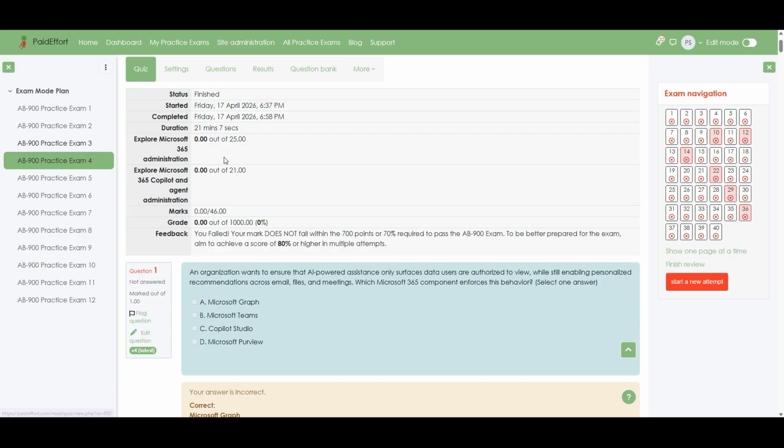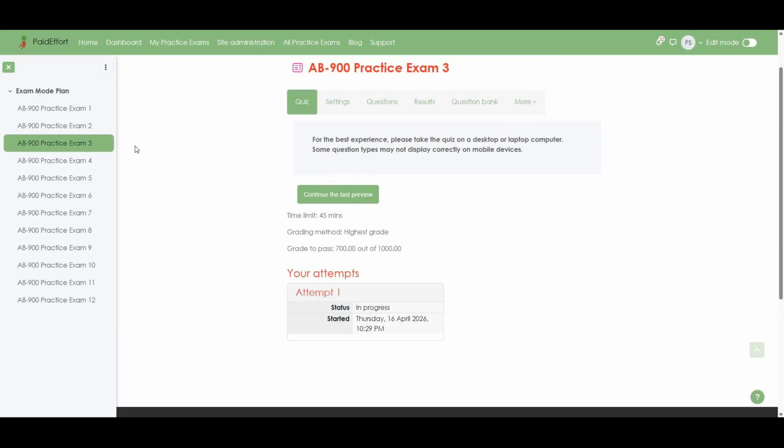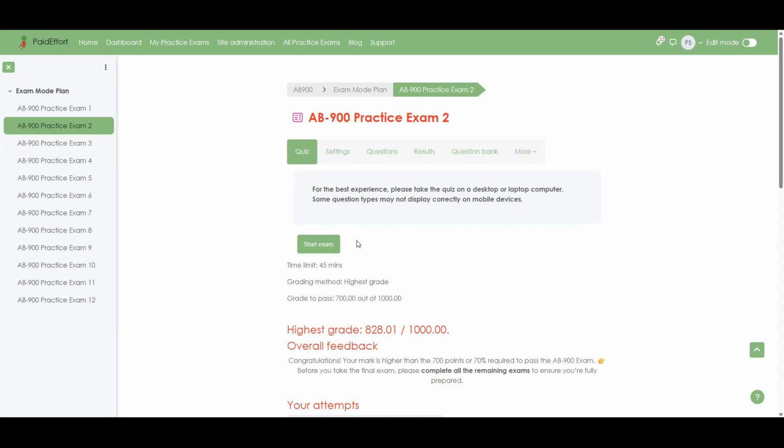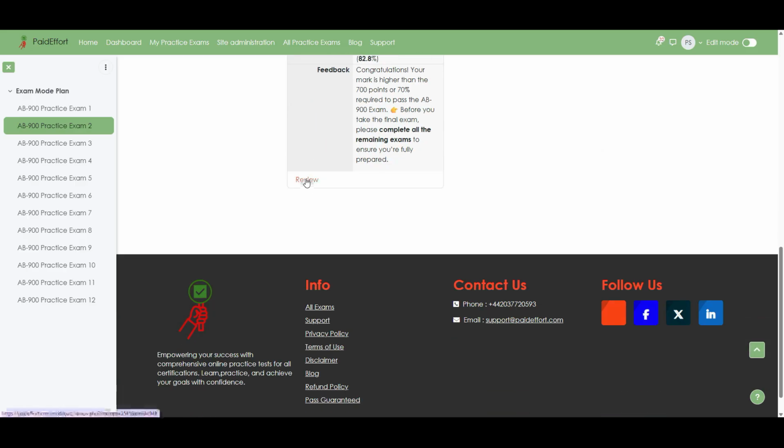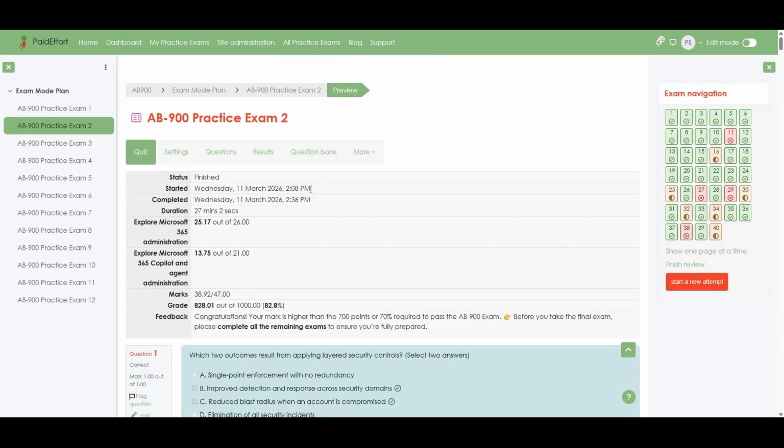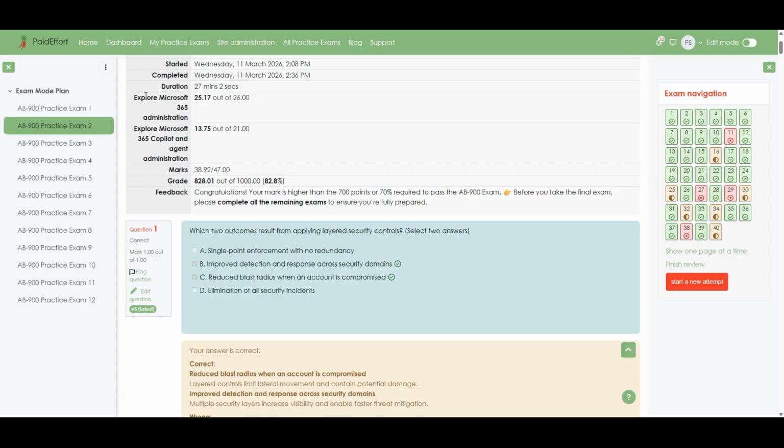If I go back to those that I solved, I'll go to exam 2. I can review my performance, and you can see the grading by domain.